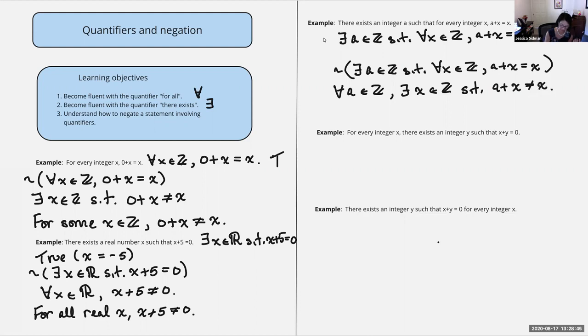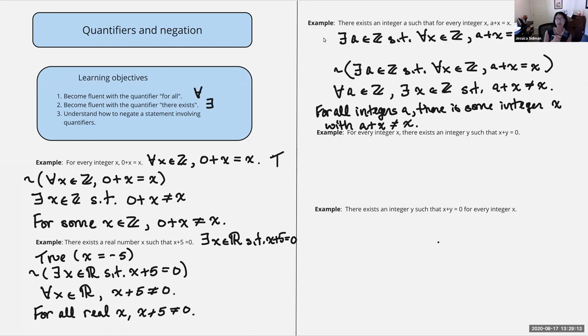So the negation, if I write it as a sentence, would be: for all integers a, there is some integer x with a plus x not equal to x.